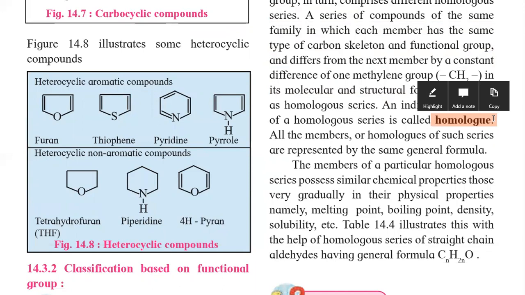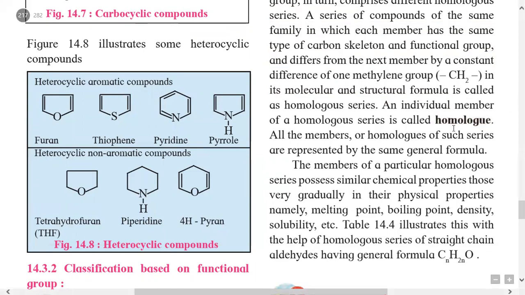Methane, ethane, propane, butane, pentane, and many other alkanes form a homologous series, called the homologous series of alkane.